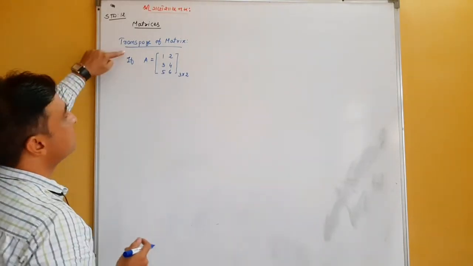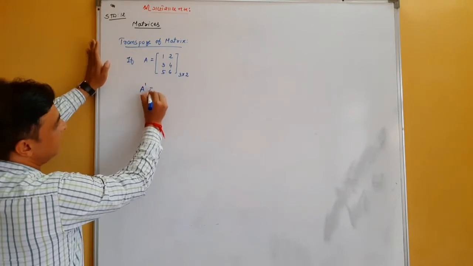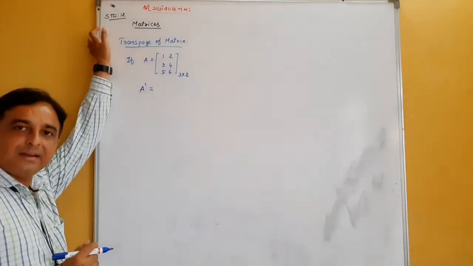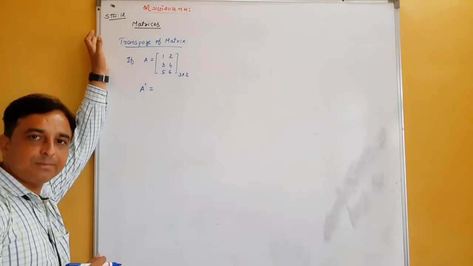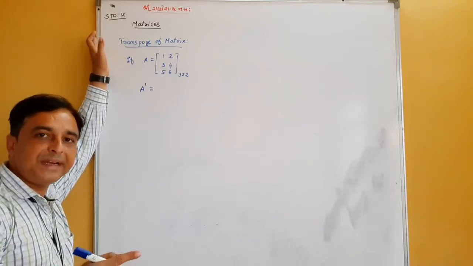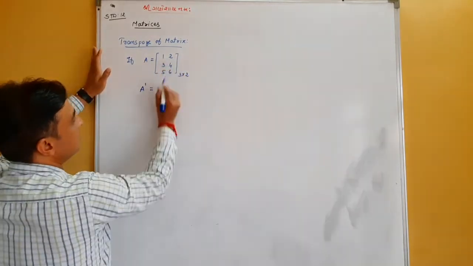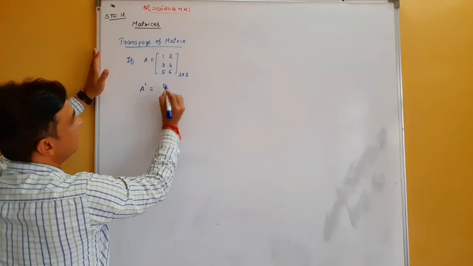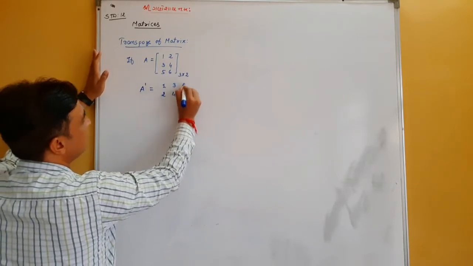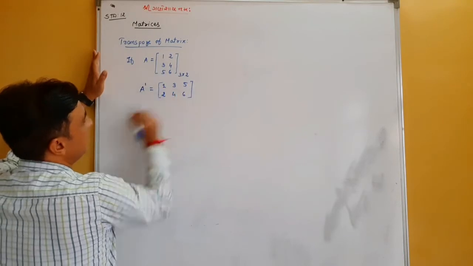Now the transpose of a matrix is denoted by A dash, and transpose of matrix means you have to convert the corresponding row into the corresponding column. That means the first row becomes the first column, the second row becomes the second column, and the third row becomes the third column.